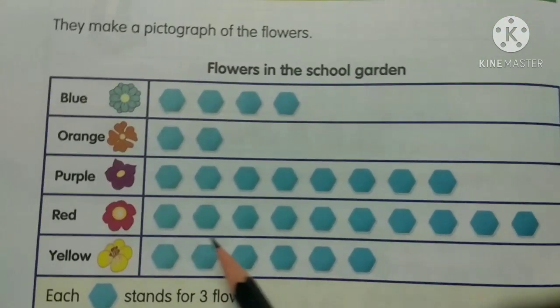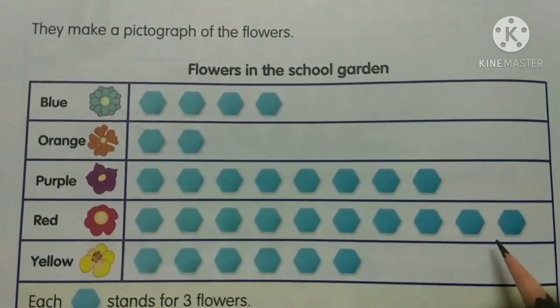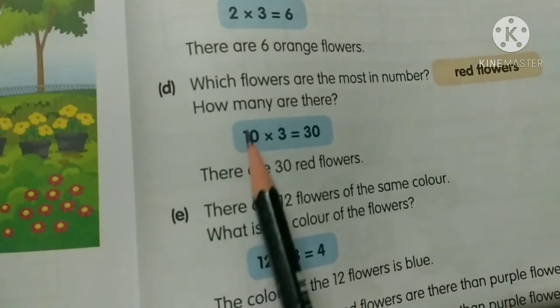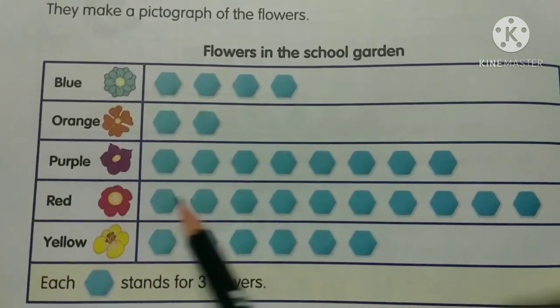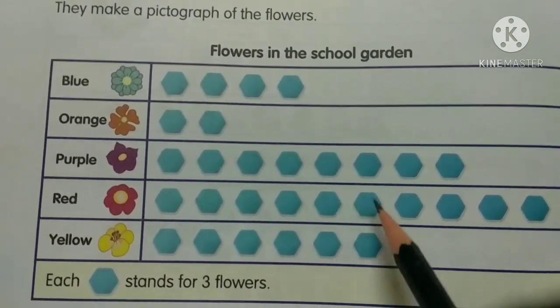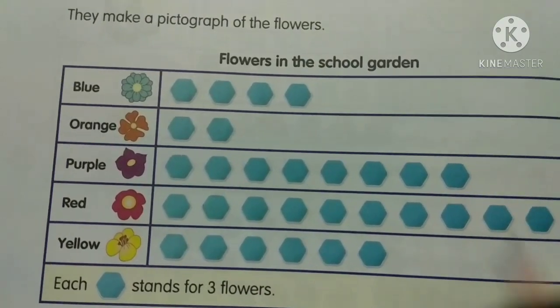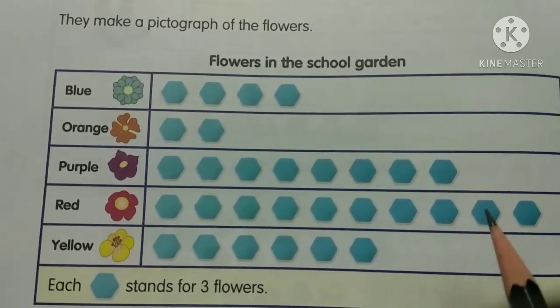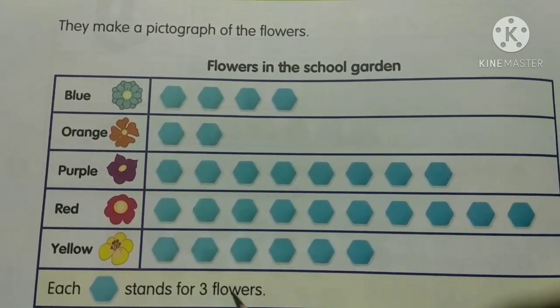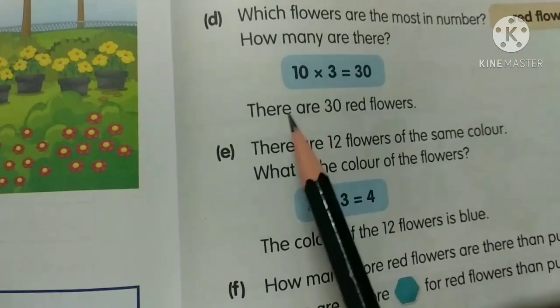Most number, that is red color. There also, how many are there? For red color here 1 2 3 4 5 6 7 8 9 10. 10 figures are here. One figure represents 3 flowers. So 10 3s are 30. There are 30 red flowers.